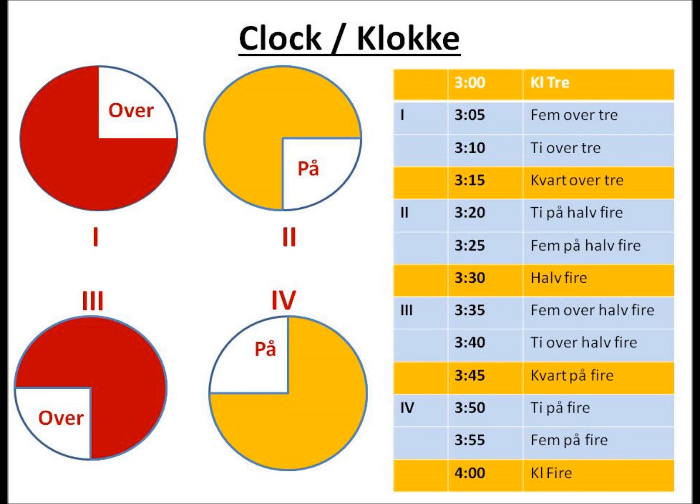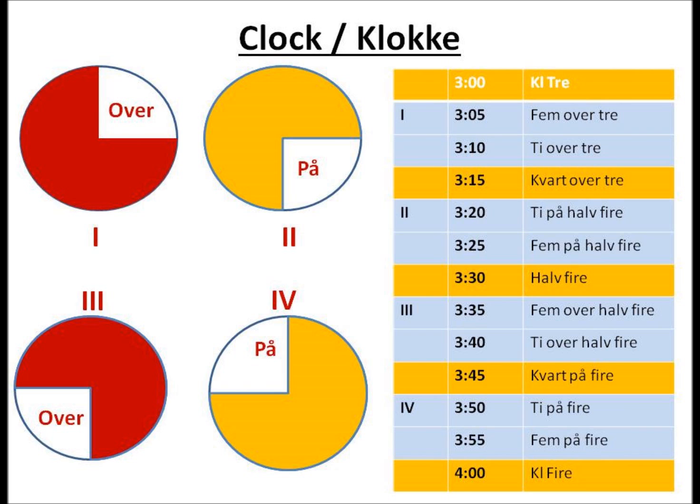And when it is 3:25, they will say 5 på halv 4. Halv is half, so 3:20 is 10 på halv 4, and 3:25 is 5 på halv 4.